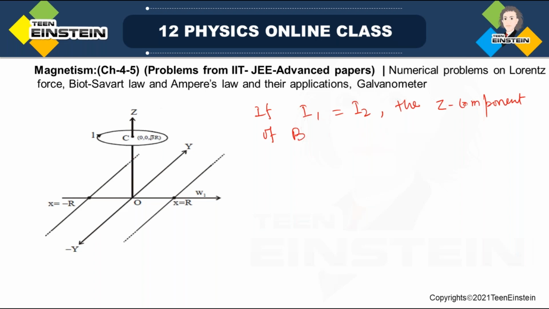So this is B2, because the current is I2, and here it is B1, because the current is I1 here.